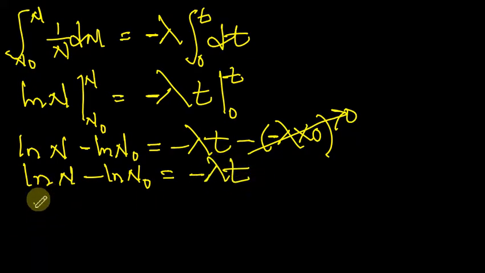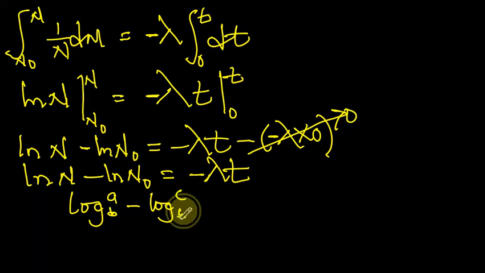Now if you see logarithm here, for instance, if you have log a base b minus log c base b, this is equal to log a over c, which is still base b.